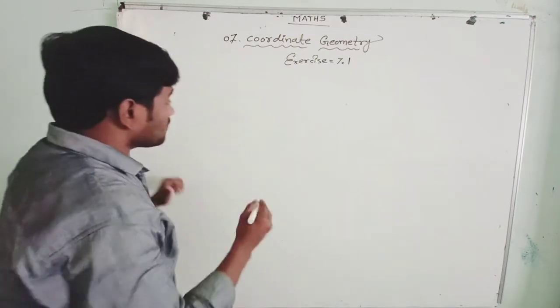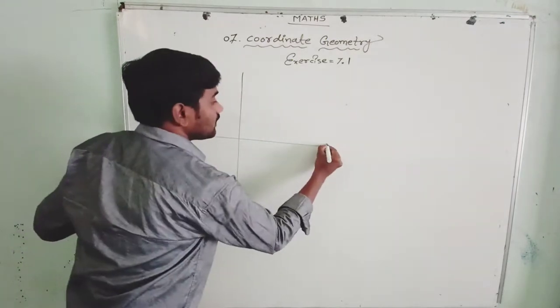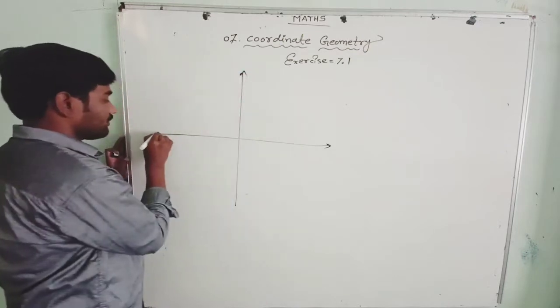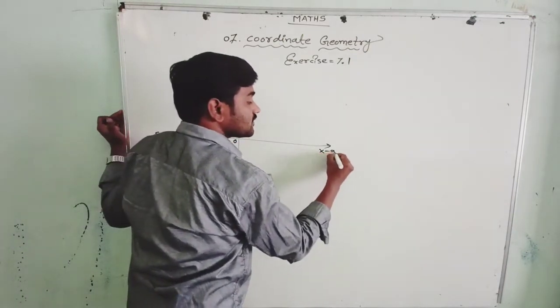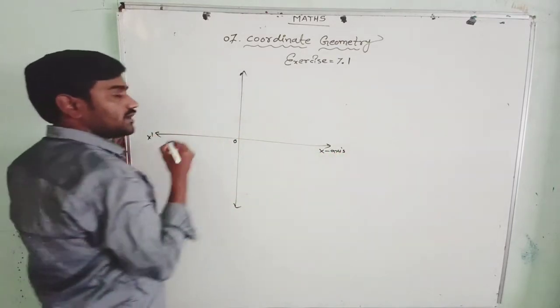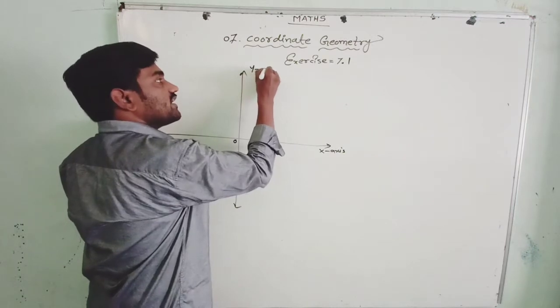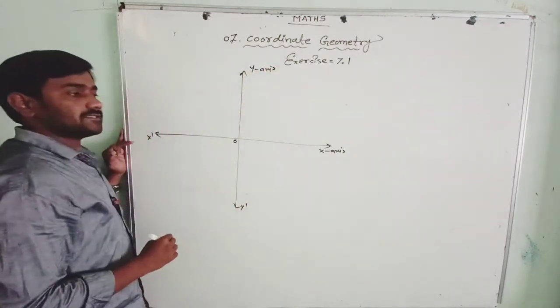Let us see. Suppose this is a graph, where the horizontal line is always the x axis, x dash, and the vertical line is the y axis, y dash.